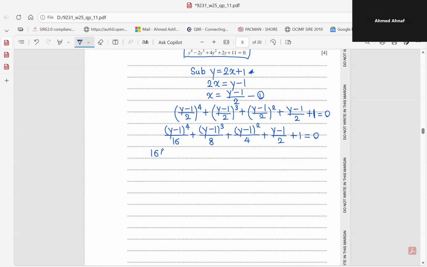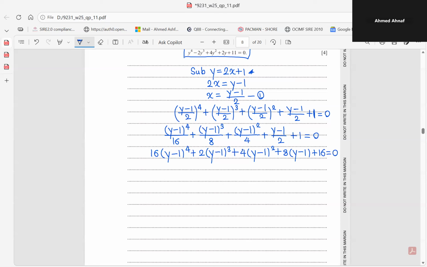So you get 16 divided by 16 times (y minus 1) to the power 4 plus 16 divided by 8, that's 2, times (y minus 1) cubed plus 16 times 1 over 4, that is 4, times (y minus 1) squared plus 16 times half, that is 8, times (y minus 1) plus 16 equals 0.